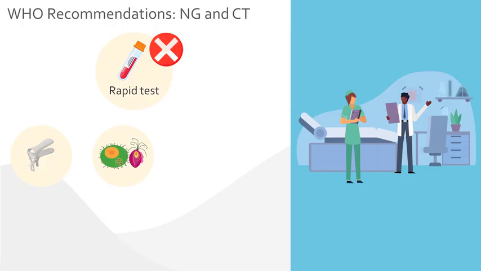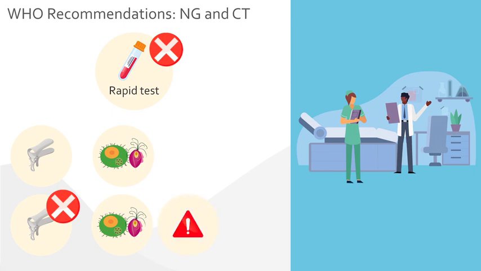If a rapid test is not available and a speculum examination is not feasible or acceptable, WHO suggests treating people for gonorrhea and chlamydia, all people at high risk of STIs, and all people who have vaginal discharge on genital examination.